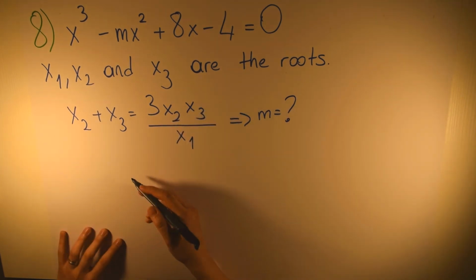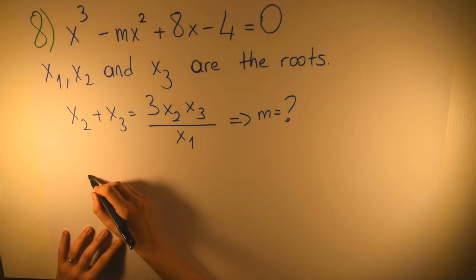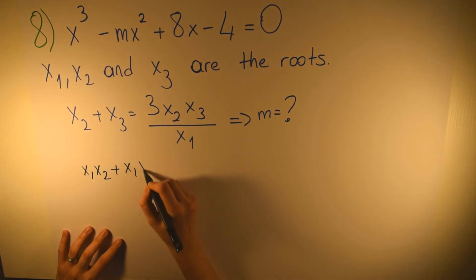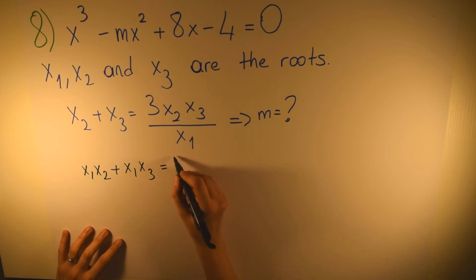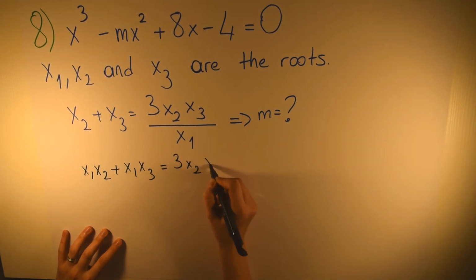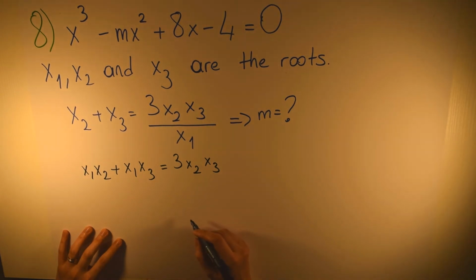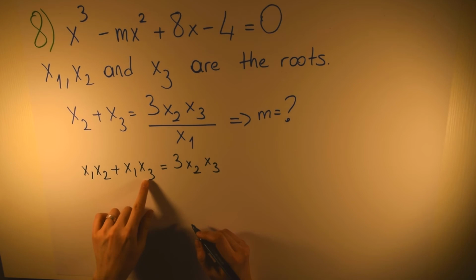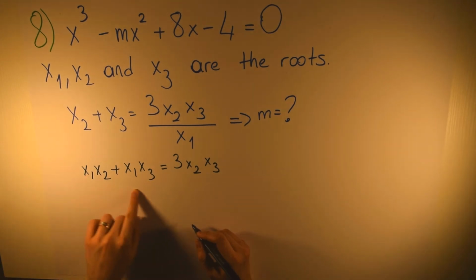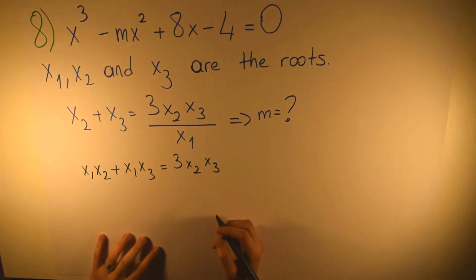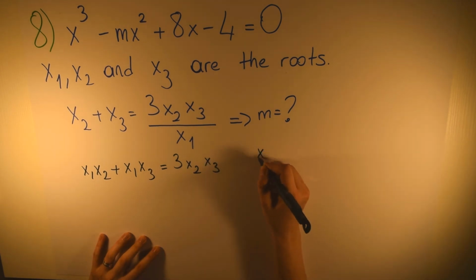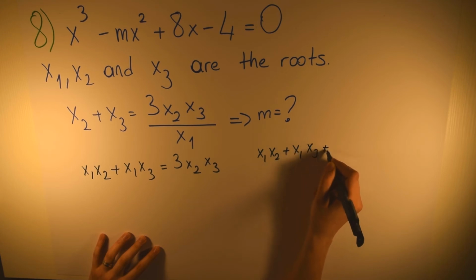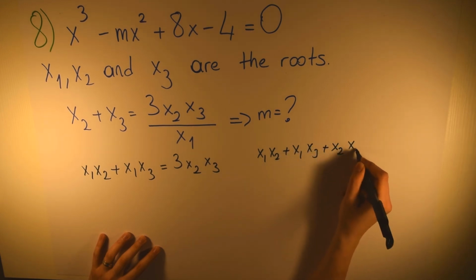Let's do that. When I cross multiply these two, I will get x1x2 plus x1x3, which is equal to 3x2x3, right? So instead of the expression x1x2 plus x1x3, I can write this, right? So I know this formula, which is x1x2 plus x1x3 plus x2x3.